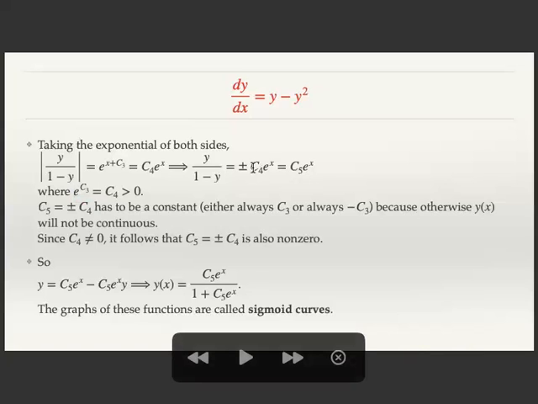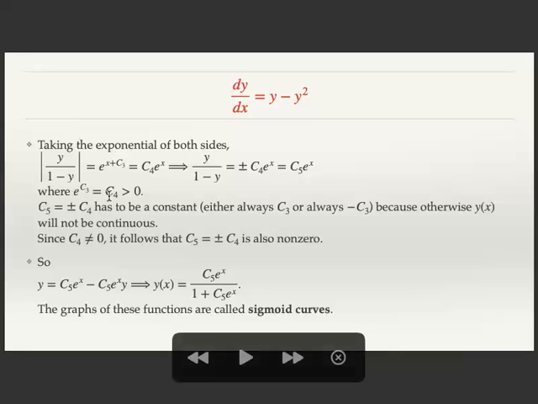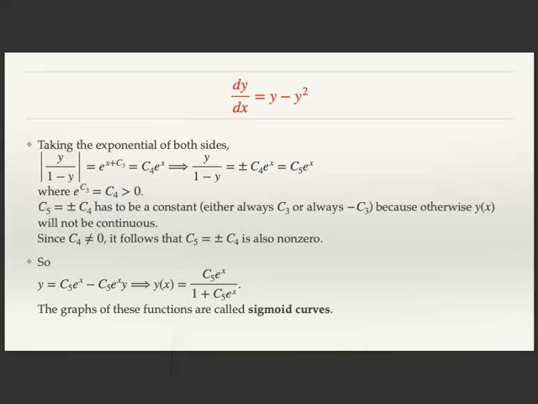This is why it cannot be C4 some of the time and minus C4 at other times, because C4 is strictly positive, minus C4 is strictly negative, and it cannot jump from strictly positive to strictly negative without going through zero. And it can never be zero, because C4 here is a strictly positive number, and e to the x is also a strictly positive number, so it can never be zero.